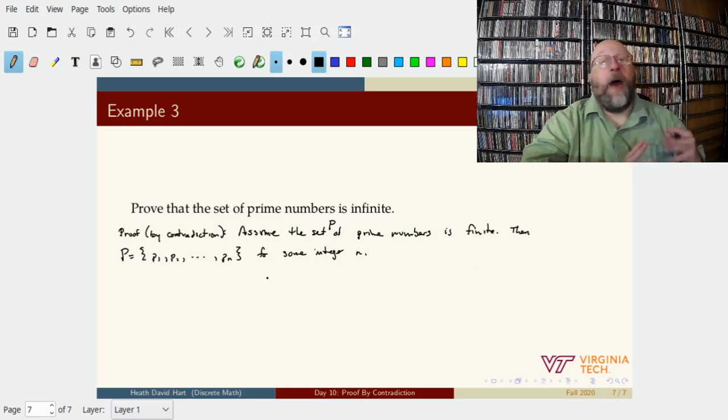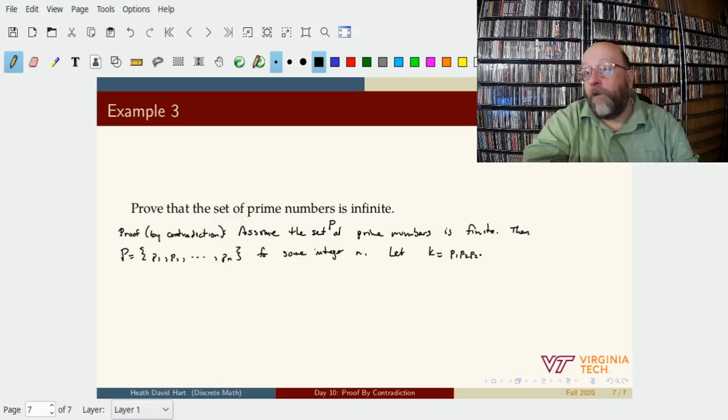So now that we have applied our definition, we have to do some kind of calculation that leads to a contradiction. And the calculation we're going to do is we're going to let K be the product of all of these prime numbers plus 1.